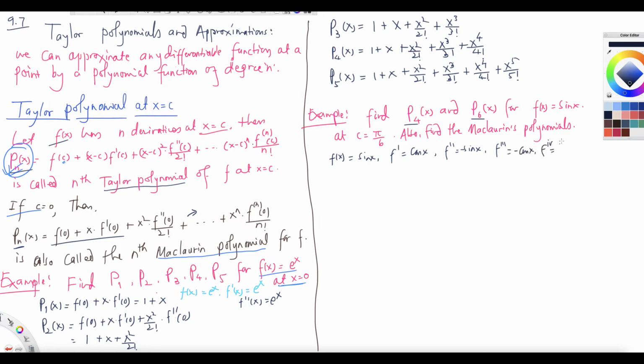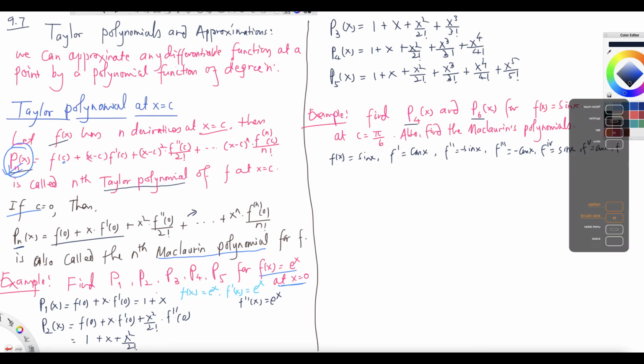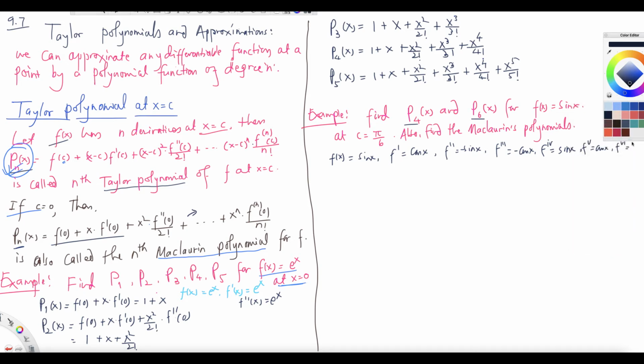The fourth derivative will be sine x again. The fifth derivative is equal to cosine of x, and then the sixth derivative is equal to what? That will be negative sine x. You see that?